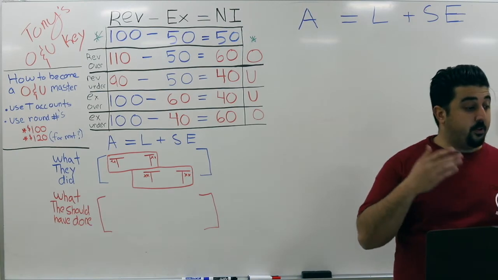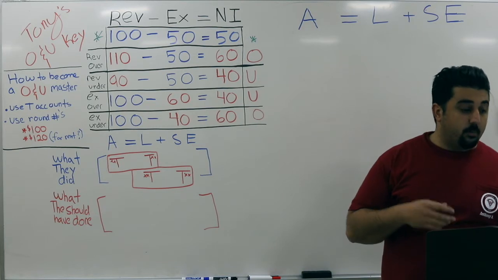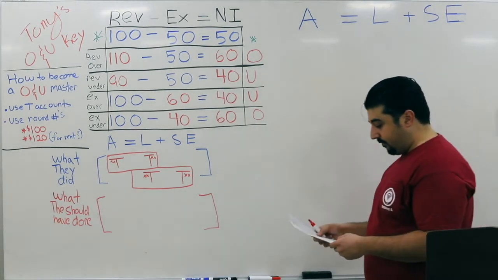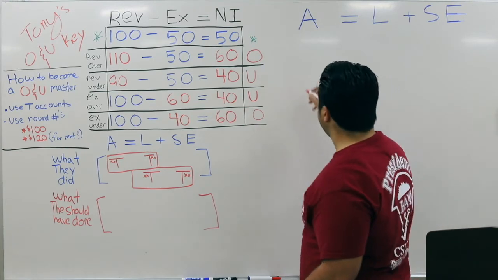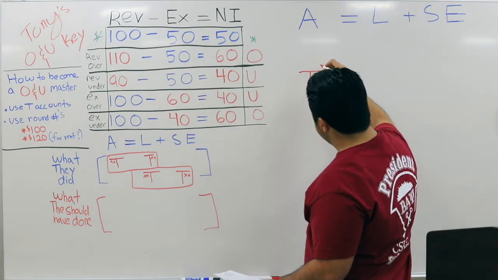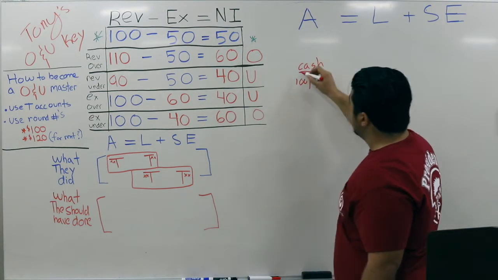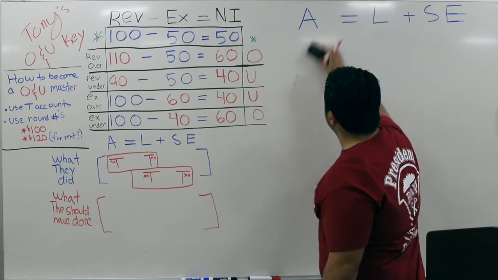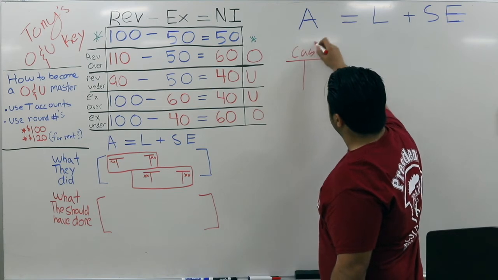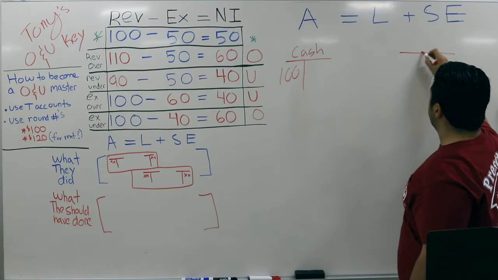Oh, payment for an existing account receivable was received, but it was recorded as a sale, a new sale. So this is what they did. Said cash. Let's make this a little big for you guys. $100 and sales.